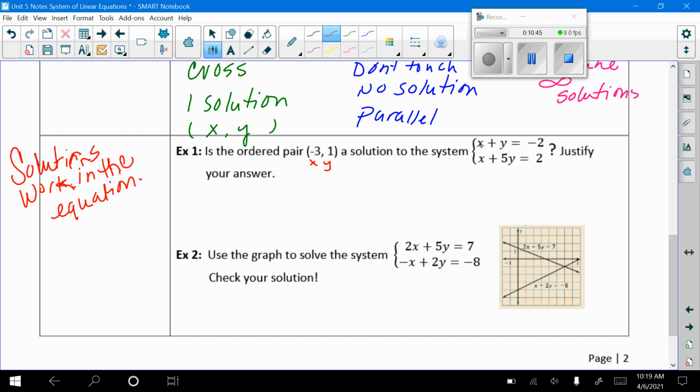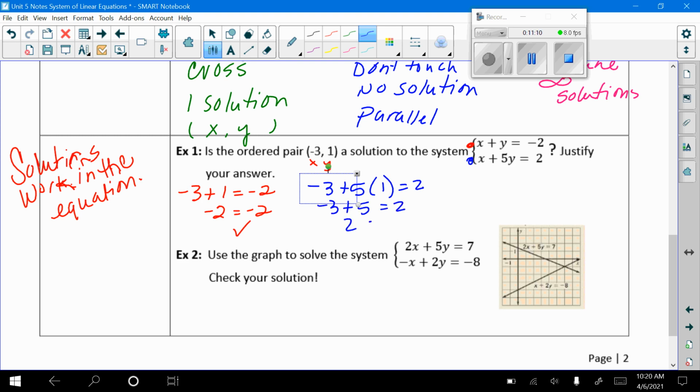So if I put in -3, so -3 plus 1 equals -2. -2 equals -2, that's a yes. Plug it into the second one: -3 plus 5 times 1 equals 2. Well, -3 plus 5 equals 2. 2 equals 2.